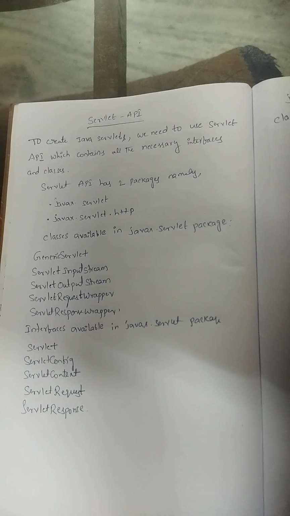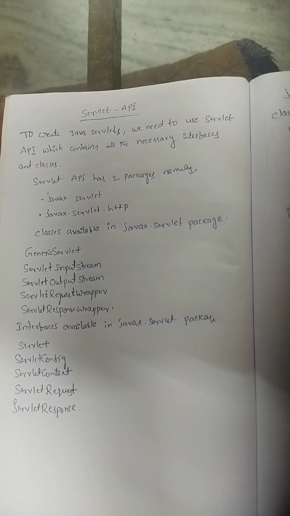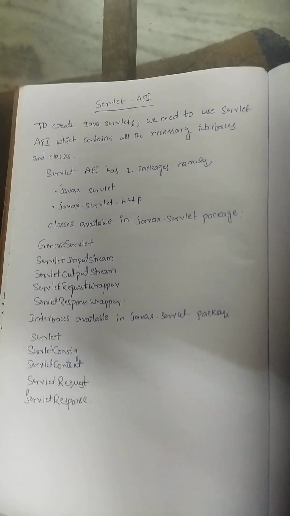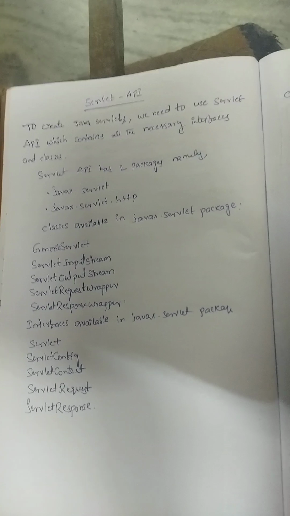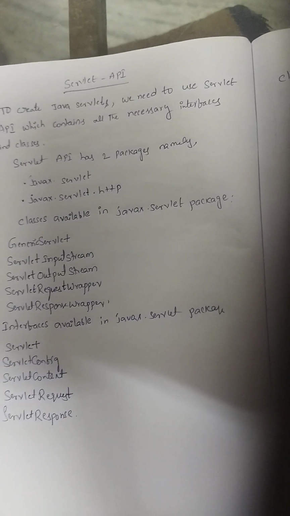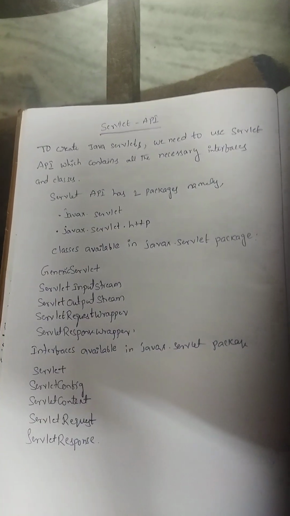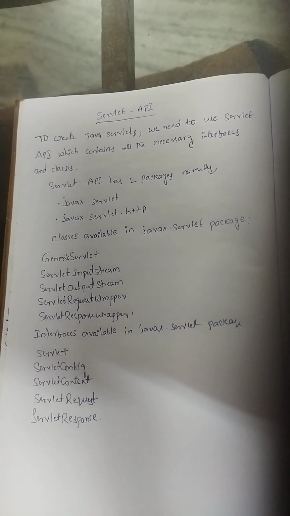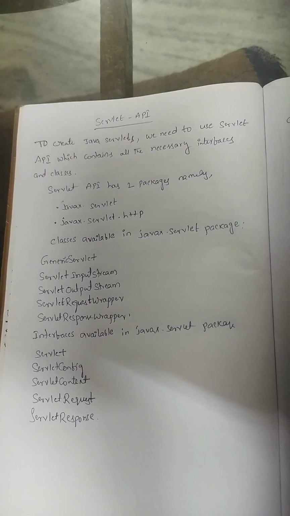This class provides an output stream for sending binary data to the client. Servlet request wrapper. This class provides the implementation of the servlet request interface that can be subclassed by developers to adapt the request to a servlet. Servlet response wrapper. This class provides the implementation of the servlet response interface that can be subclassed by developers to adapt the response from a servlet.